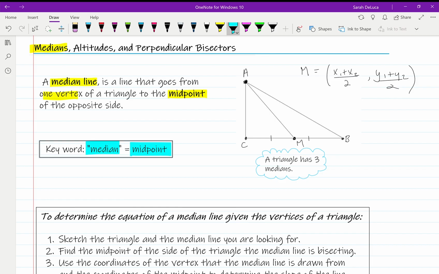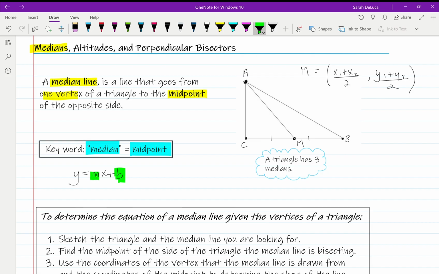So why would I have to find the midpoint? Well, if we're going to come up with the equation of a line, and we'll use slope-intercept form, in order to come up with this equation, I have to solve for the slope, and then I have to find the y-intercept. And at minimum, I need 2 points.